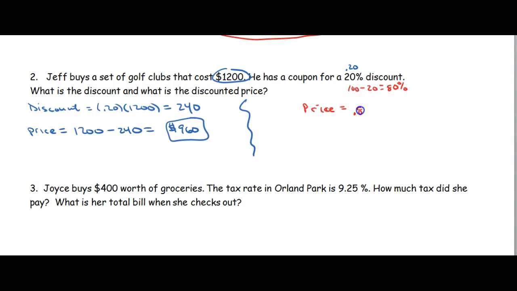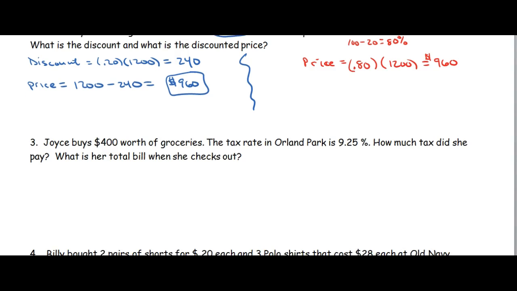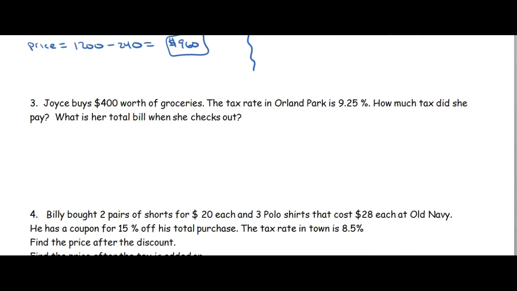So if I take 80% as a decimal, 0.80, and multiply it by 1,200, I would get $960. So a quicker way to figure out the cost of the golf clubs at the discounted price would just be to take 80% of 1,200, which is the percent that you're going to pay with respect to the discount.